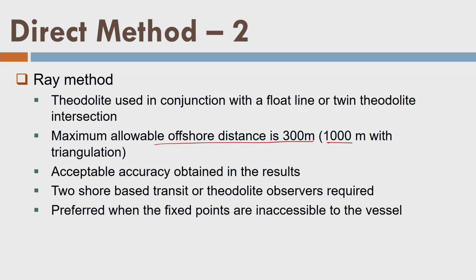Here in case of ray method, acceptable accuracies are obtained. Okay, fine. So as I already discussed, it is preferred when the fixed points are inaccessible. That means only one fixed point is accessible, and we are using some kind of small land area, and now we are doing it. Then we do the ray method.